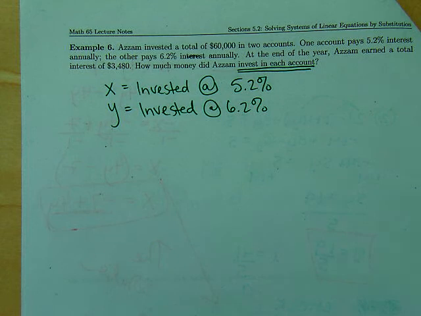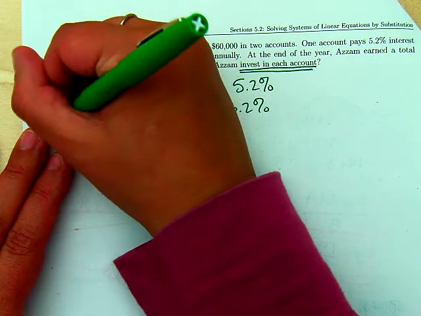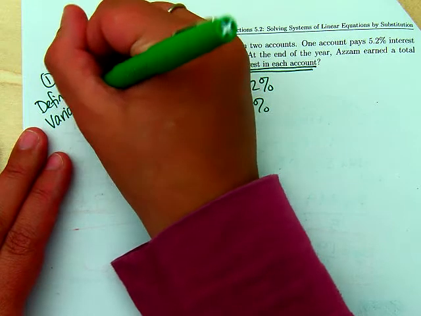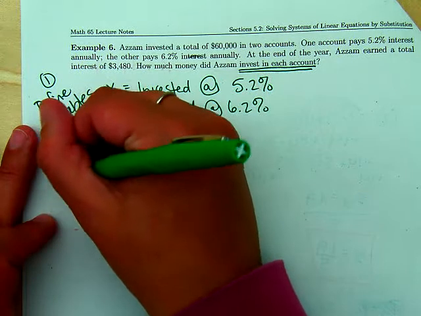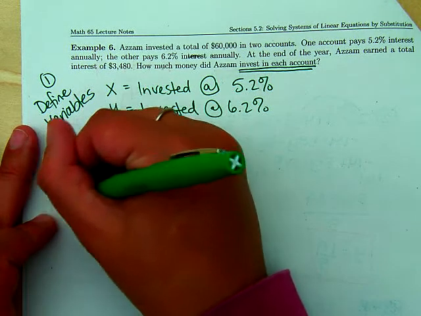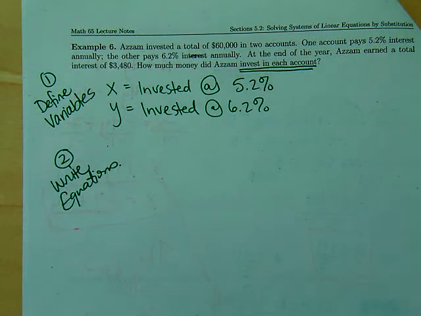Now, what is one scenario, one equation that we know? So first thing we did was we defined variables. Second step is to write equations. We're going to write two equations. So we have basically two different kinds of situations. How much money does he have altogether total?